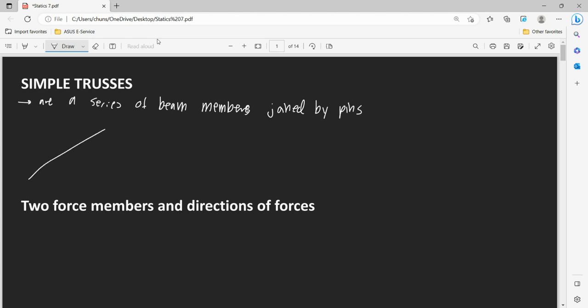Each link has a pin that holds it together, and these pins are the key to help us find internal forces developed within trusses.